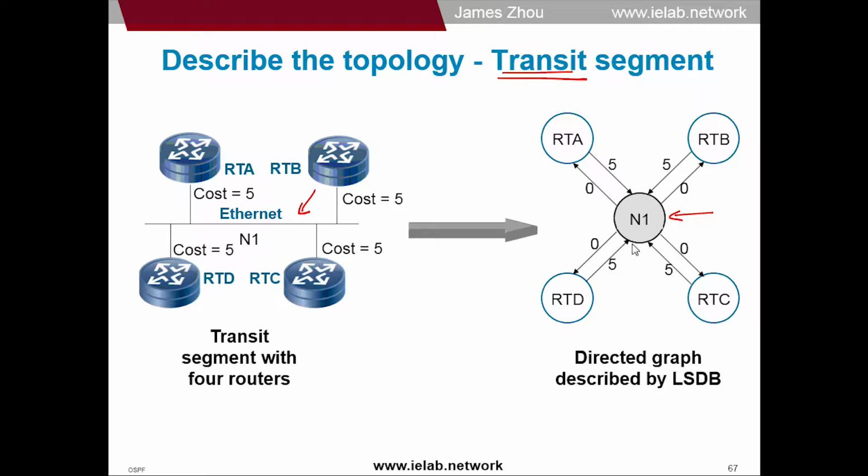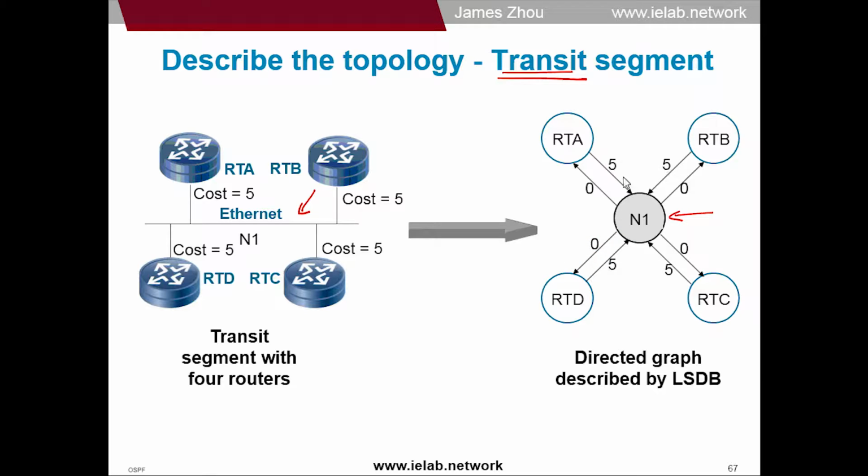Every router to the pseudo node has a cost equal to the transit segment metric, and the pseudo node to every router has a cost of 0.